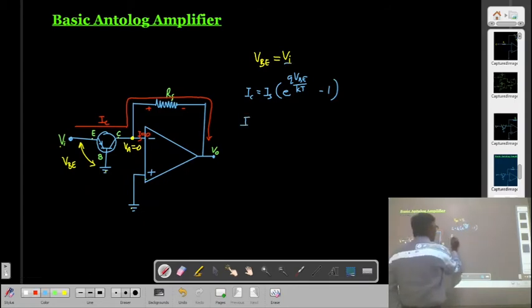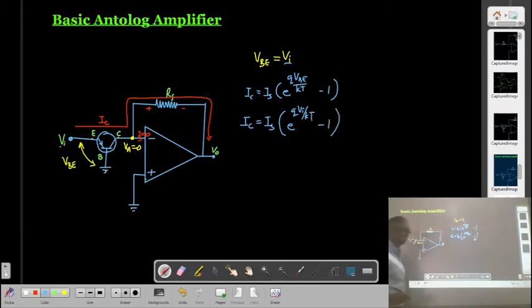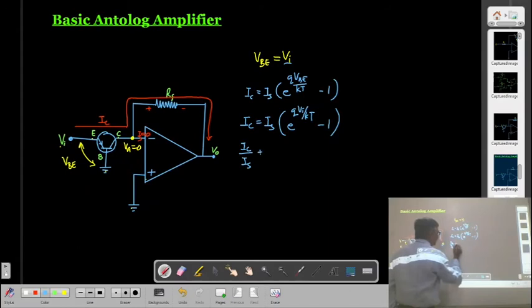So I can write that IC is equal to Is e raised to QVI by KT minus 1. Correct? And here, IC by Is plus 1 is equal to e raised to QVI by KT. That you can write.